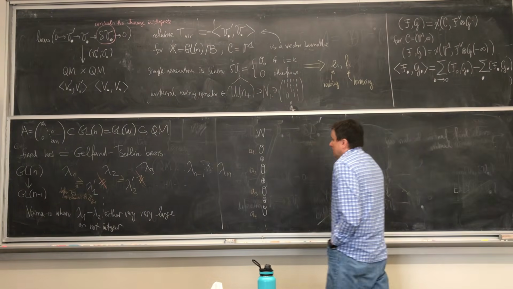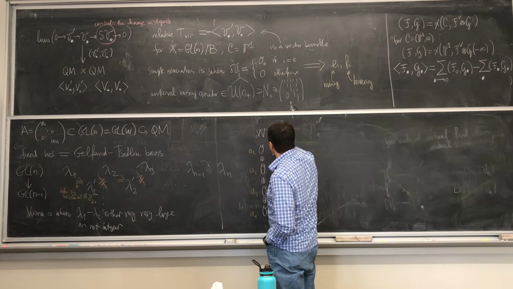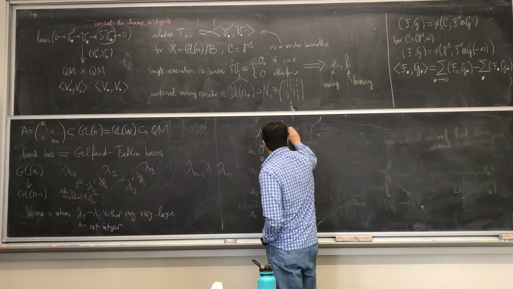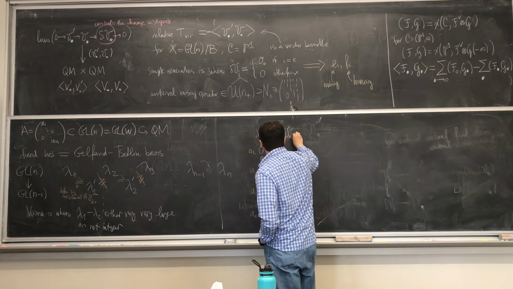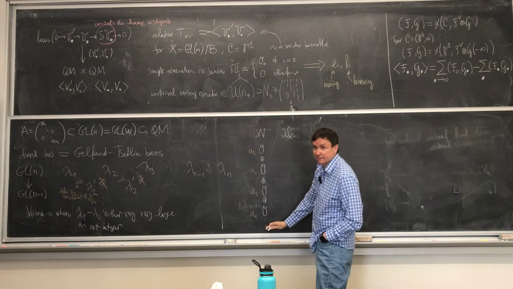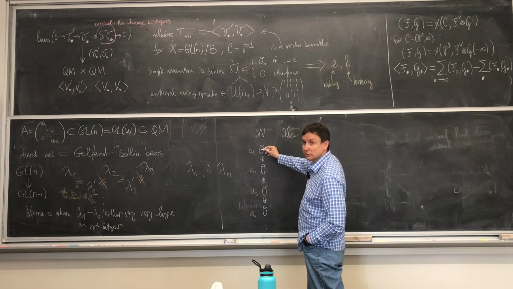Then I look at the next space, curly W_(n-1). This was a length n thing; this is going to be one step shorter, and it has to be included in here.